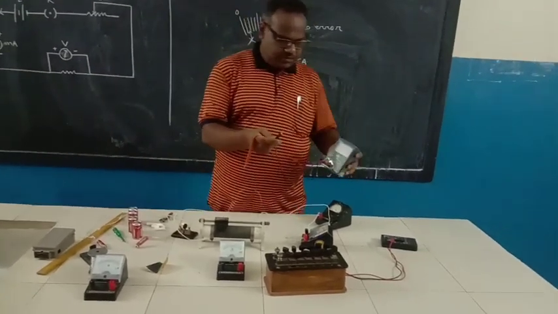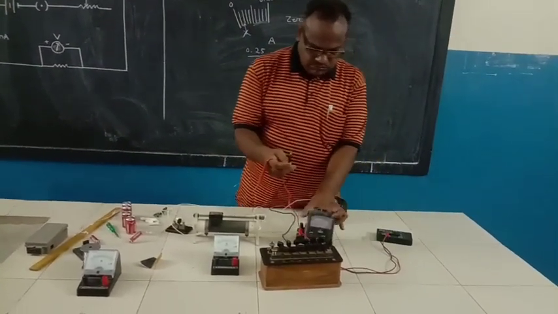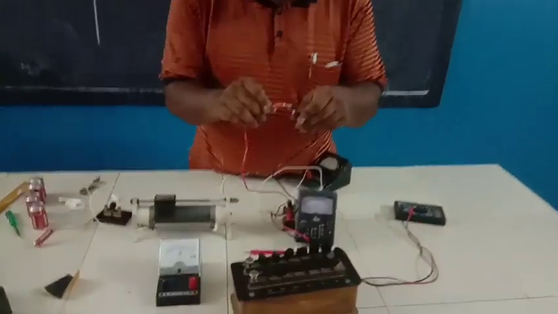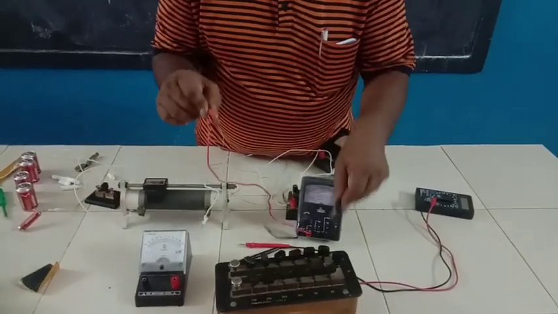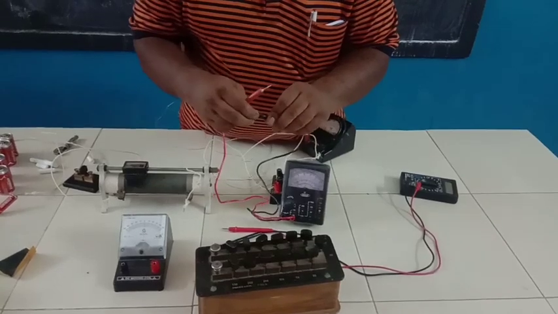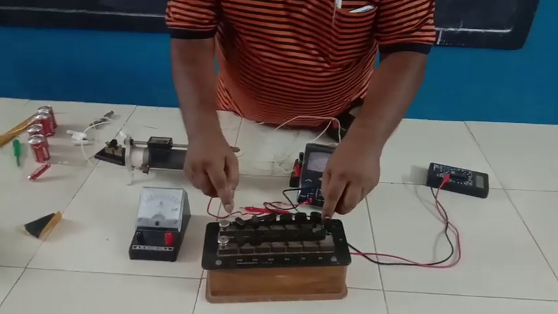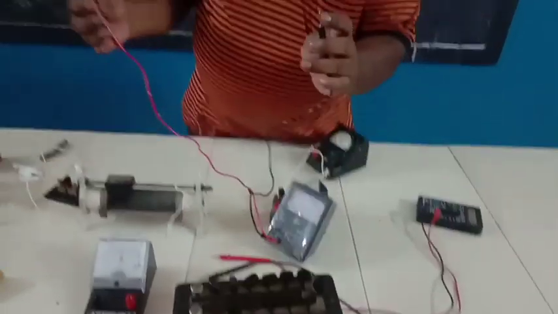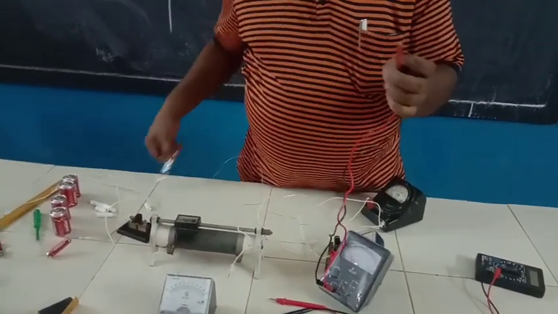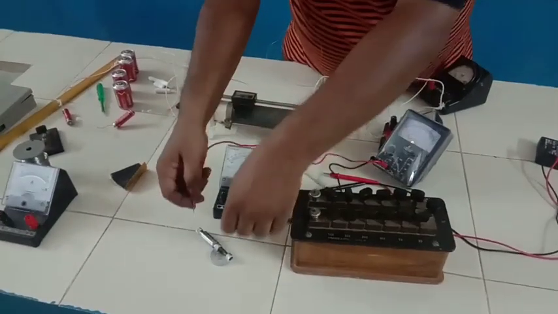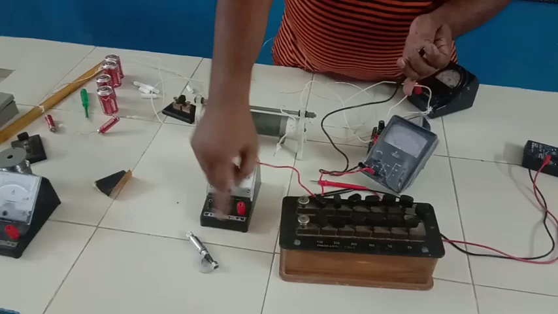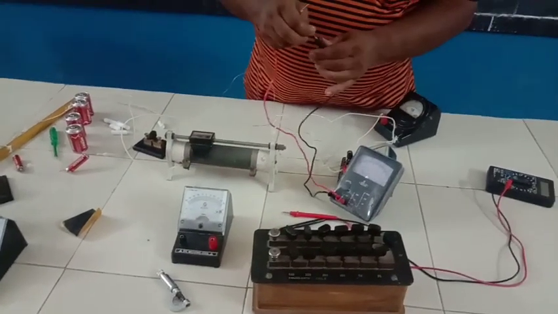Suppose you are putting it, and you see whether there is a connection between 2 points or not. Suppose here it is showing deflection. Suppose I am touching from here and here, it is showing no deflection. Now I am showing, suppose I am touching between 2 points. You can see your deflection is there. Means this is conductive. Here there is resistance.